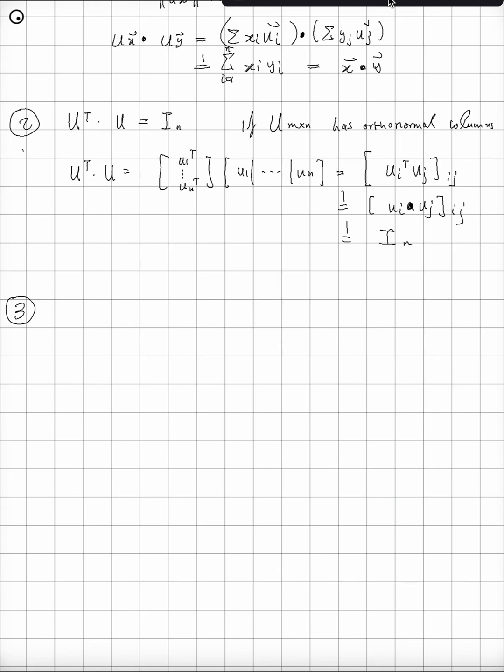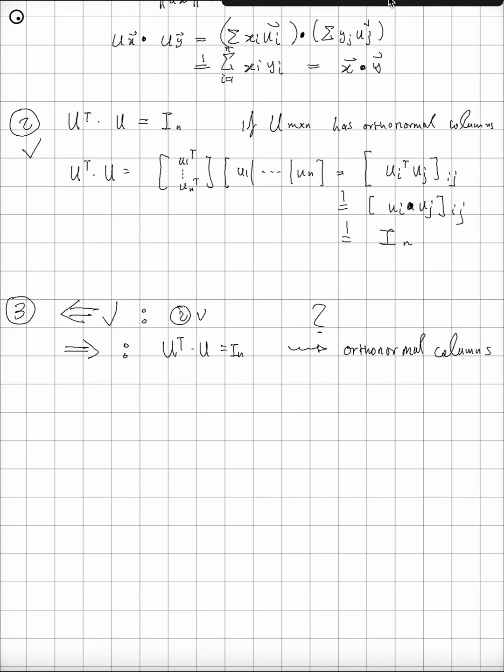This is what we have proved here, right? This is okay. This is our 2. So for this direction, suppose you have U transpose times U equals In, does this imply we have orthonormal columns?